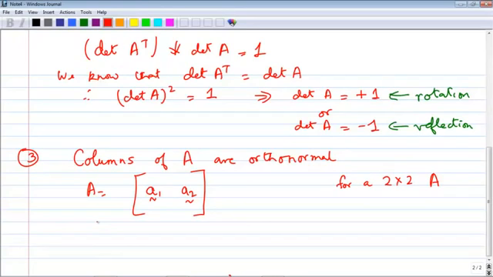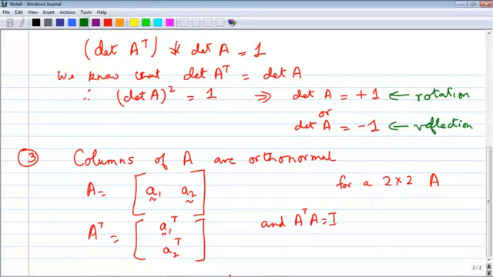Now, what do we know about such a matrix? What is A transpose going to be? A transpose is going to be a row vector corresponding to A1 and a row vector corresponding to A2. And we know that A transposed A is equal to I. But let's calculate what A transposed A is.